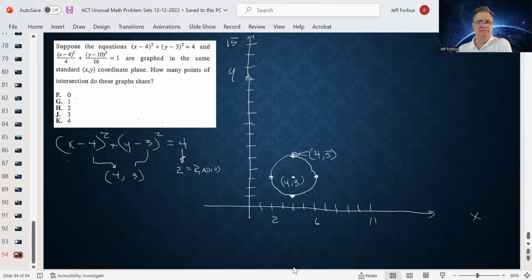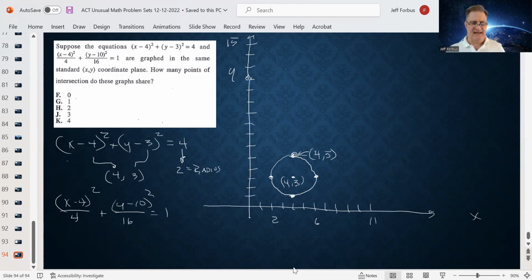Okay, now let's take our ellipse equation, (x minus 4) squared over 4 plus (y minus 10) squared over 16 is equal to 1. Now it's important to note that the number 16 is associated with your y and 4 is associated with your x.